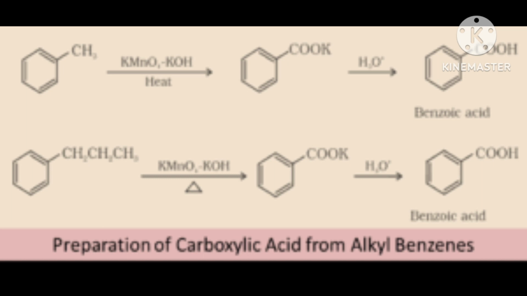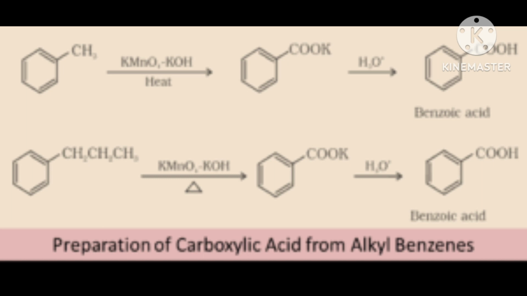Now one more example I am telling you, that is CH2 CH2 CH3, means a propyl group is attached to the benzene. Propyl group is attached to the benzene ring.